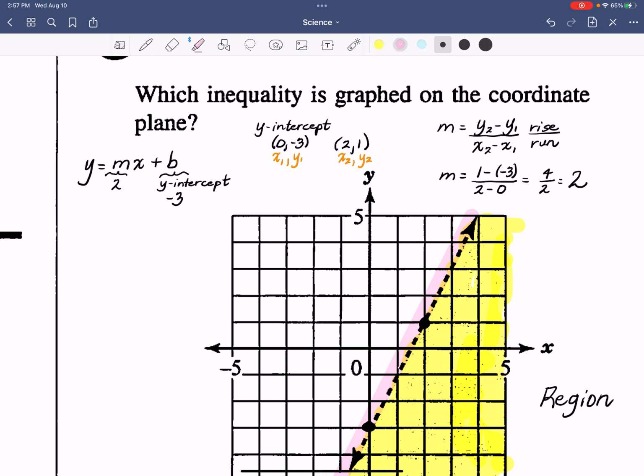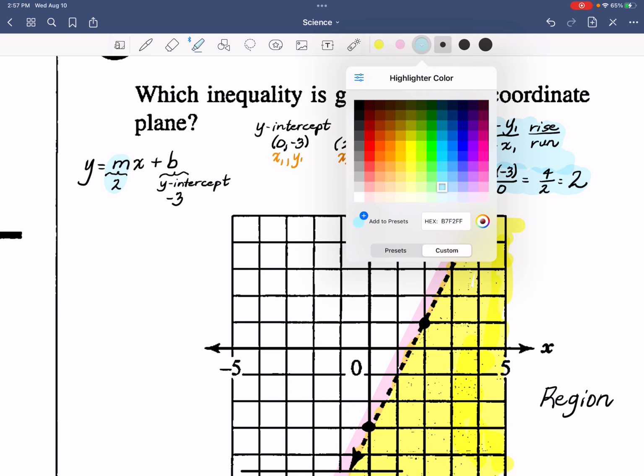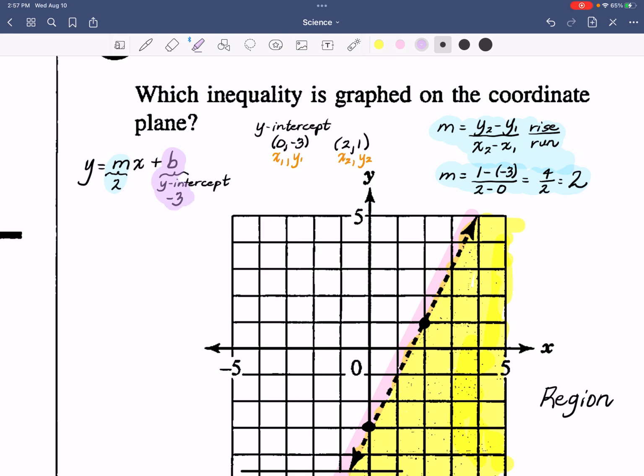And if I were teaching students, I would color code this. I would say here is where we found the slope. Help them compartmentalize all this stuff before they try to put it together. Here was the y-intercept. I don't want to use that one because that's too easy. I'll use purple for a y-intercept.